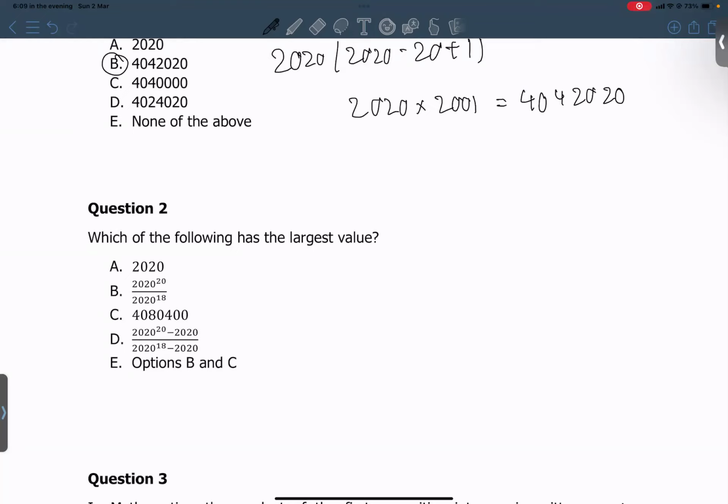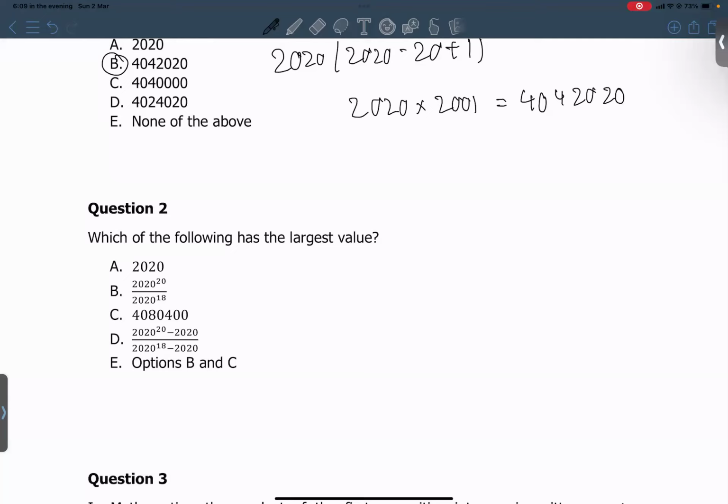For the second question, can Li Xiang read the question for us? Which of the following has the largest value? Can you read the values too?